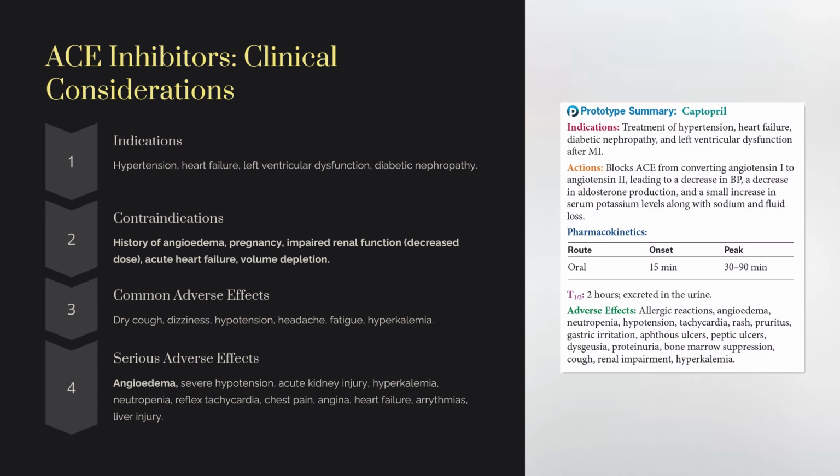And I'm trying to see if there's anything else specifically that I want to tell y'all. If they present with chest pain, angina, heart failure, it would be important for us to do a med history, just to make sure that that could be a complication of them taking those medicines.